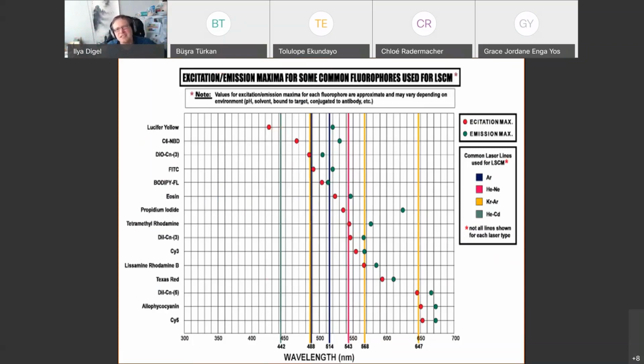In some cases it's going to be trickier. If your compound, for example this Cy3, is excited with green light at 550 nanometers, what it emits is also green light, but not 550, but 560.